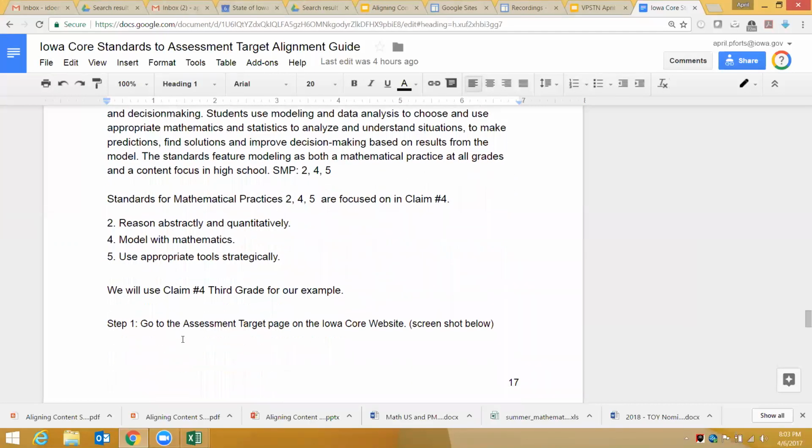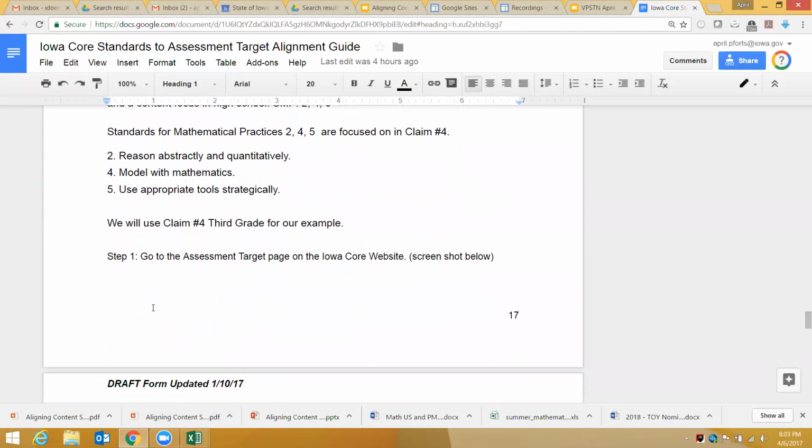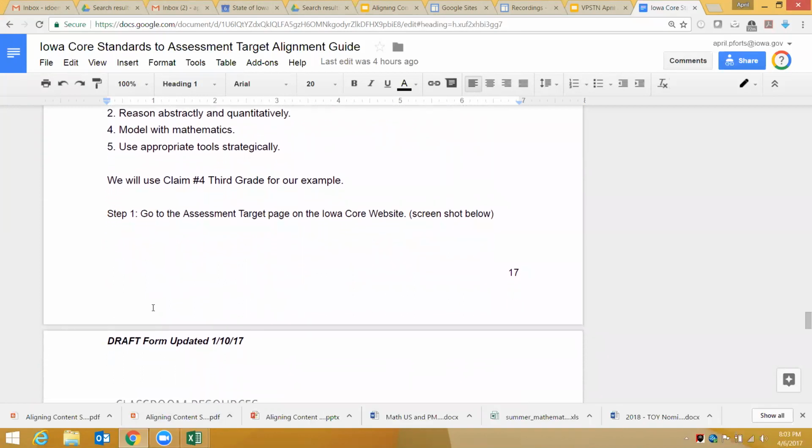So we're going to look at Standards for Mathematical Practices 2, 4, and 5. Practice 2 is to reason abstractly and quantitatively, 4 is model with mathematics, and 5 is to use appropriate tools strategically. We're going to look at grade 3 for our example, and what the screenshots do is walk you through what it looks like in the navigation when we go over to the Iowa page, so you can understand what the different components are.